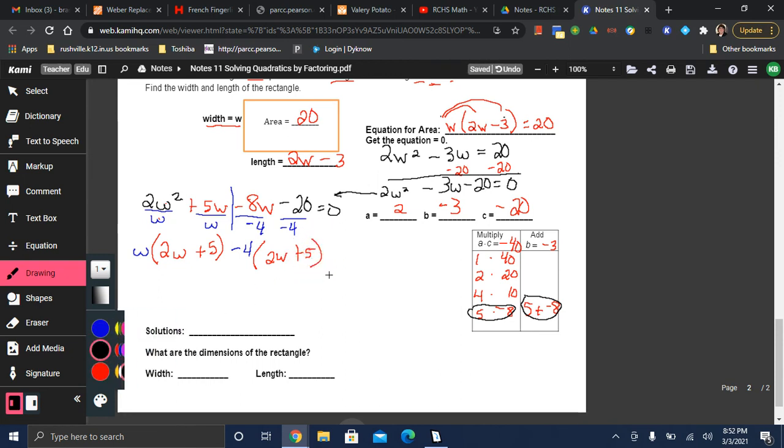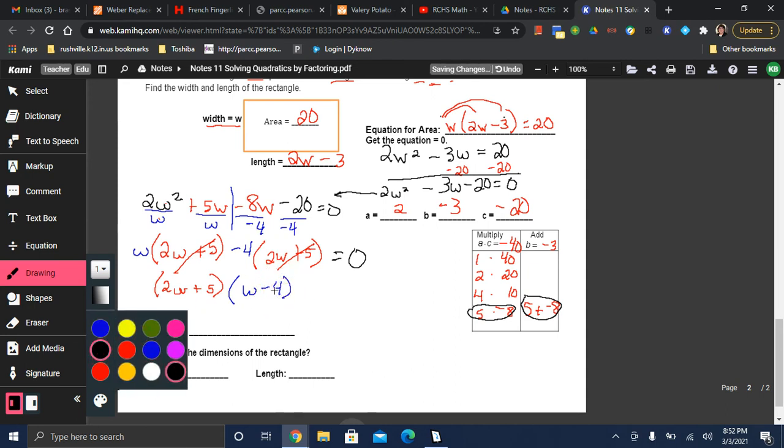Notice that I have the matching parentheses as we've been doing. So now I'll take that matching parentheses, 2w plus 5, and my other parentheses is w minus 4. I'm going to have those equal to 0.